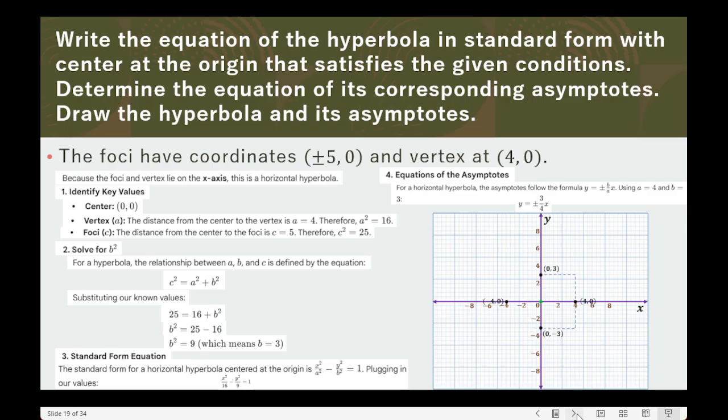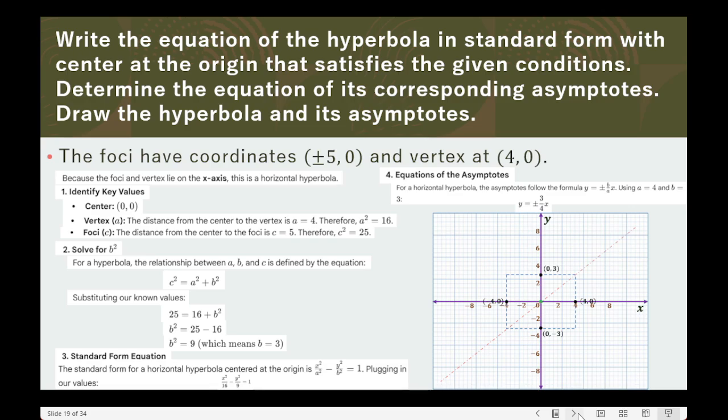Then we draw an auxiliary rectangle, as you can see, which is the broken lines, a closed figure, which is a rectangle, or the auxiliary rectangle.